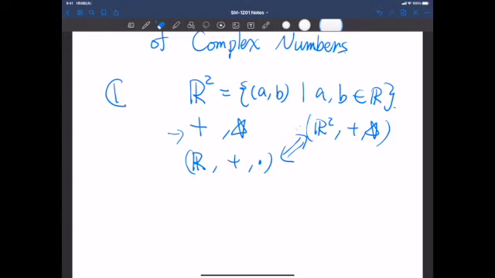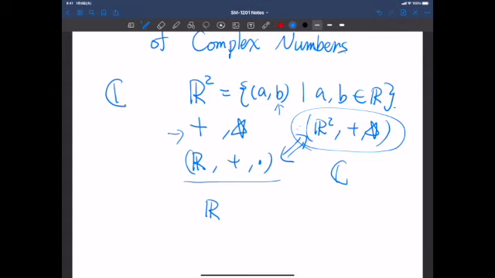So we redefine the set of real numbers as a subset of this R squared, where the second component is 0. Then we redefined this set as the set of complex numbers, and now the new set of real numbers is a subset of the complex numbers, and they are both fields. Okay.